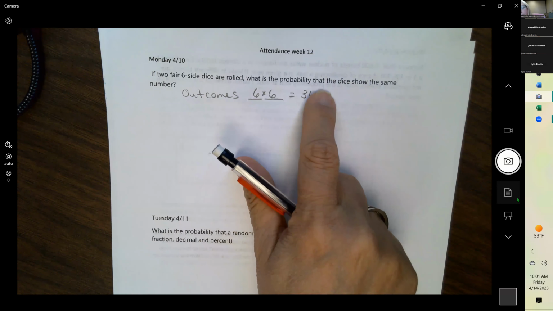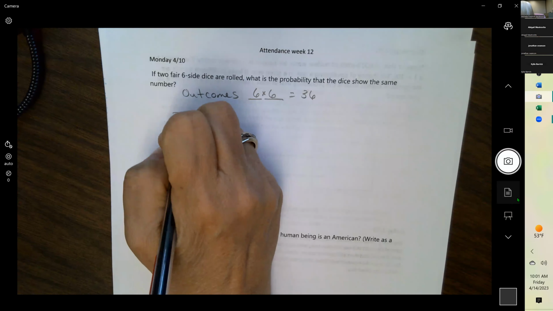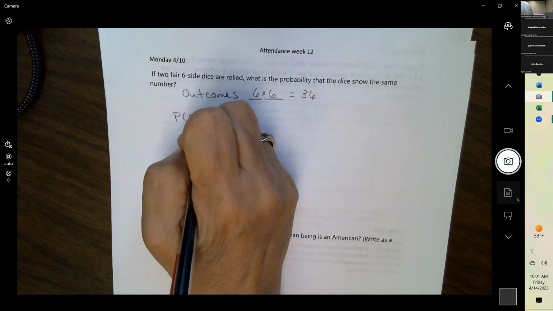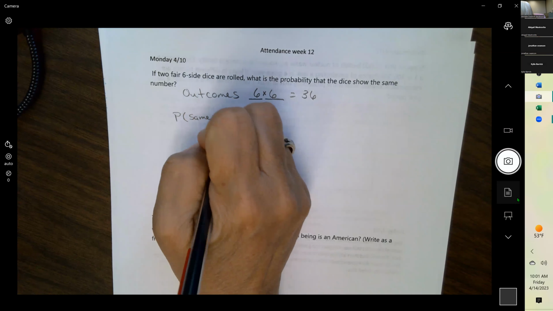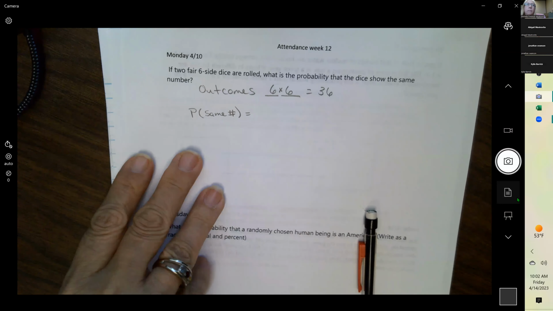If we want to find the probability they're the same number, how many cases are there when you roll it, both numbers would be the same? Anyone?